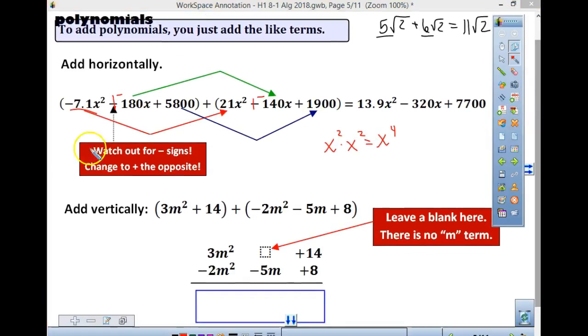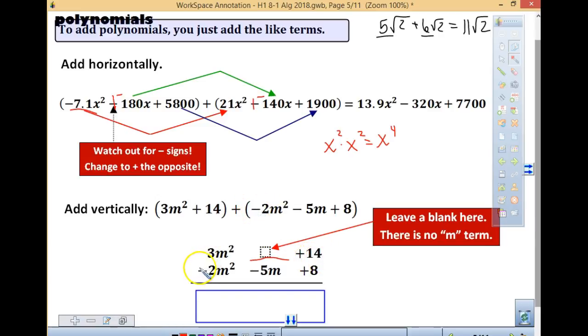Now, this is considered the horizontal method. This is considered the vertical method. Some people prefer vertical to horizontal just because you're lining up all your like terms when you write the problem down. So this is the problem that you might see, and they started with 3m squared. Notice that we're going to leave a blank where the m term is, because there is no m, and then we have plus 14.